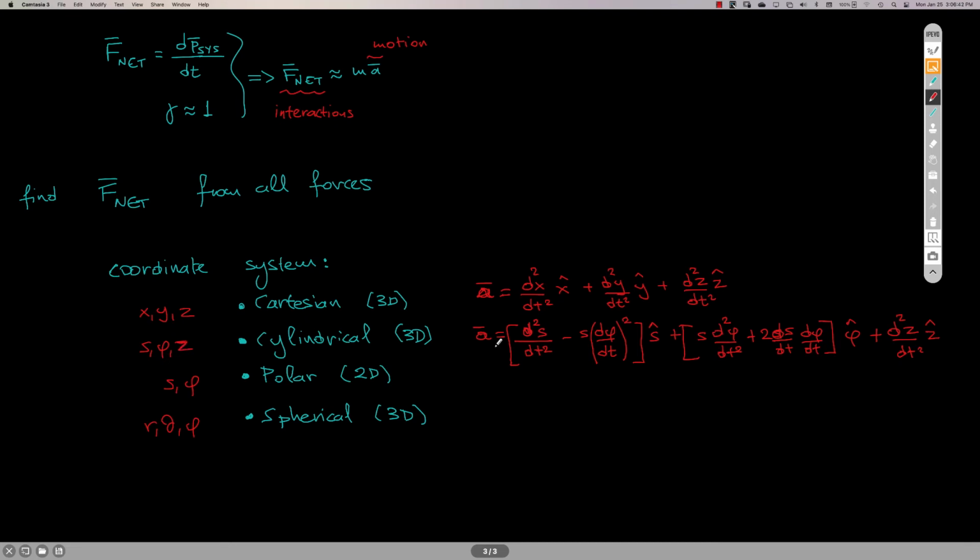Okay. Now, the important thing, once you decide what the coordinate system will be, you need to copy and paste the expression for acceleration in Newton's second law. Okay, so what I want you to do, once you find the net force from all forces, that's gonna go here.